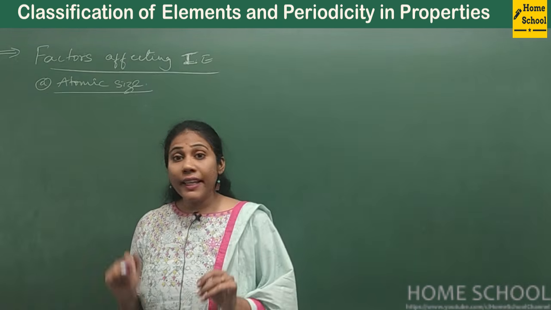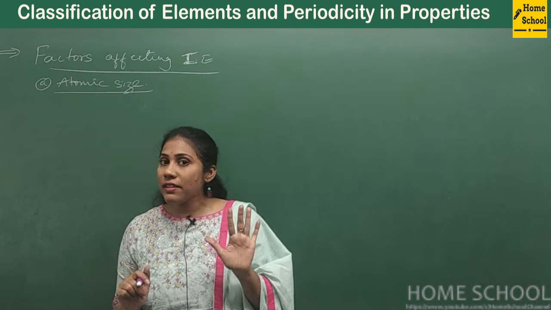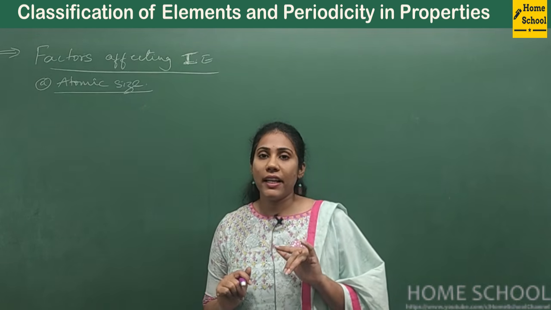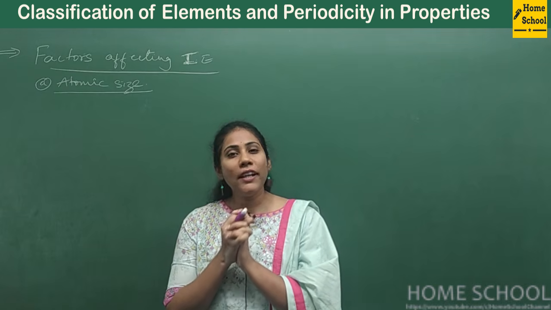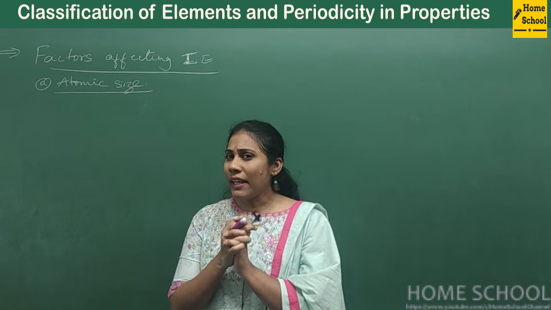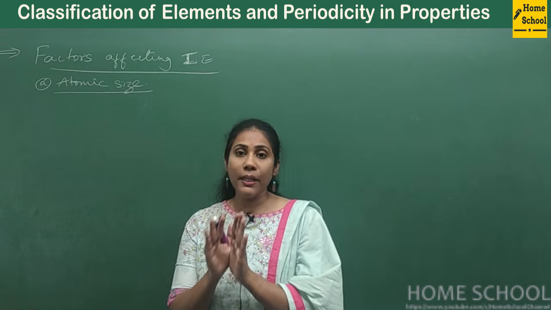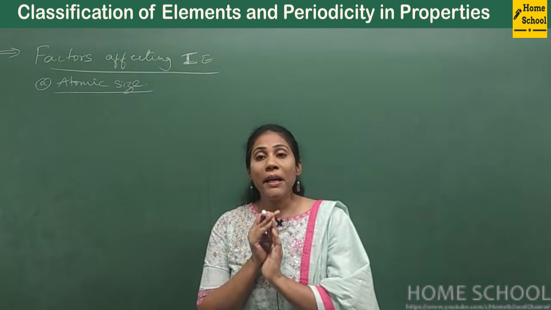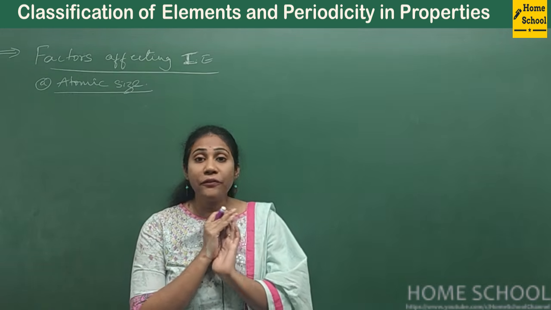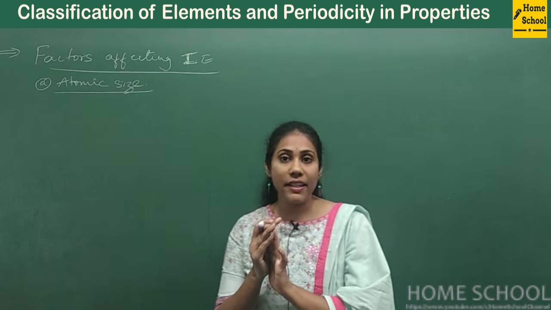See guys, there are mainly 5 factors that affect ionization enthalpy. That means our ionization enthalpy depends majorly on 5 factors. Under that, the first and very important factor is atomic size. In my previous video, I discussed everything about atomic size, isn't it?